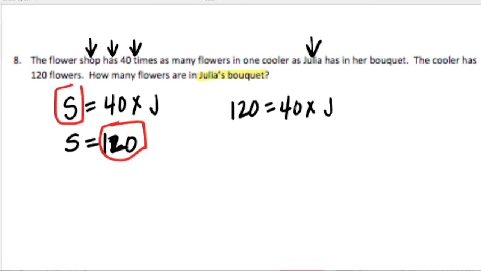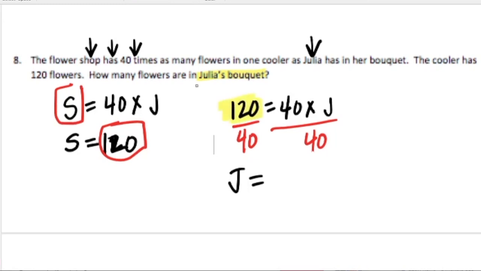So I need to figure out what number times 40 equals 120. I need to undo this multiplication in order to get that J by itself, in order to figure out what J equals. So since I'm multiplying, I'm going to do the inverse, which is divide. Now this can get a little tricky with counting those zeros. The biggest number, the product, is 120, right? So that is what I need to base how many zeros off of. 120 has 1 zero.